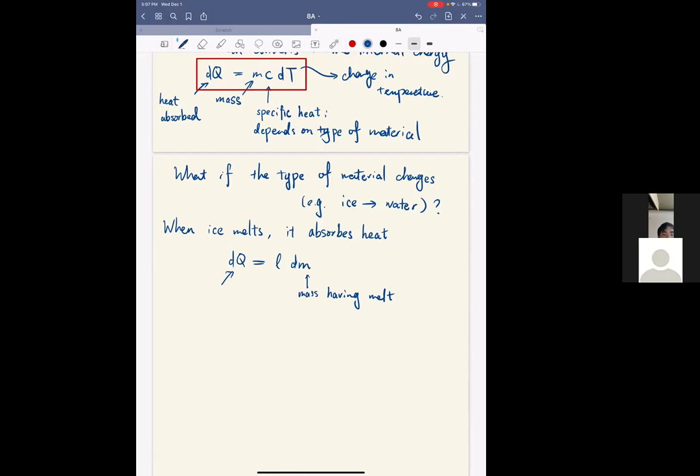So this is proportional. That's why dQ is proportional to dm, and dQ is the heat absorbed. And this L is called the latent heat. That's a value which will either be given or is measurable during some experiments.